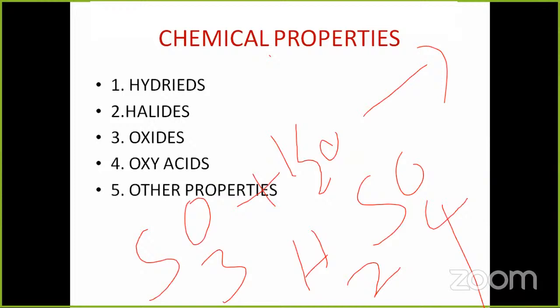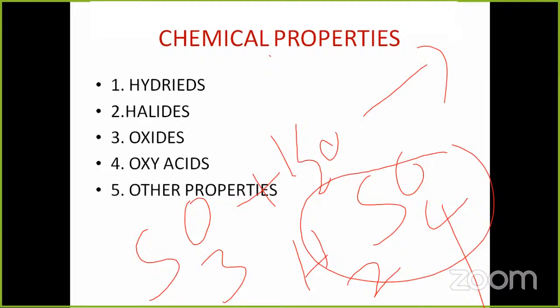So sulfuric acid is called the oxyacid of sulfur. HNO3 is called the oxyacid of nitrogen. Boric acid is the oxyacid of boron. Carbonic acid is the oxyacid of carbon. That means the group oxides when dissolved in water produce acids, and those acids are called the particular element's oxyacid.